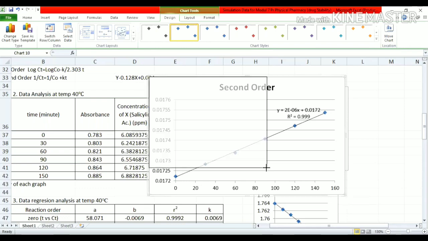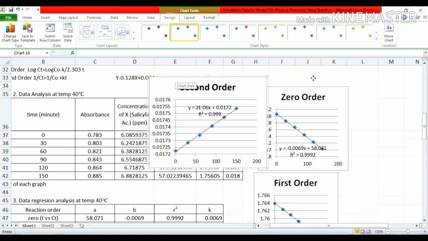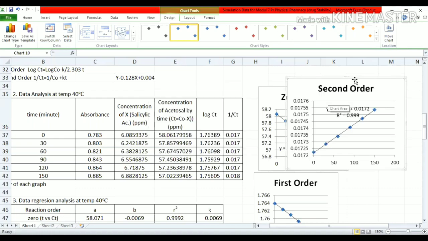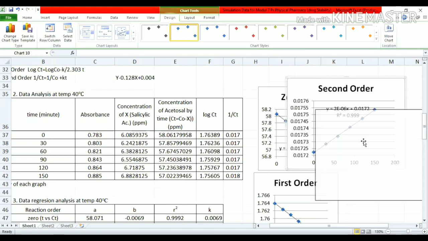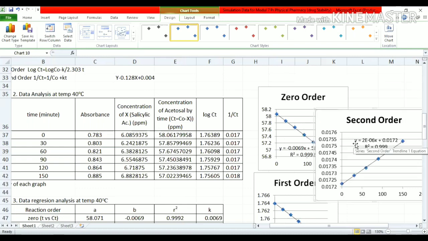So this is also the value of k, the b number, and this a is 1 per initial concentration of acetosol, and this is the R square. So we can just put it in this table. Okay, I cannot see the equation.